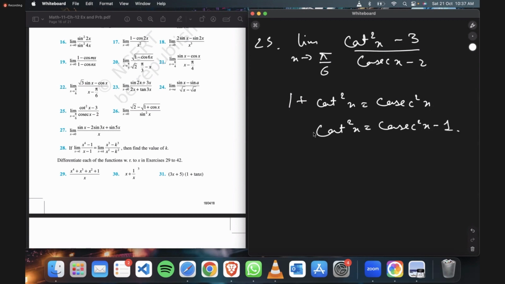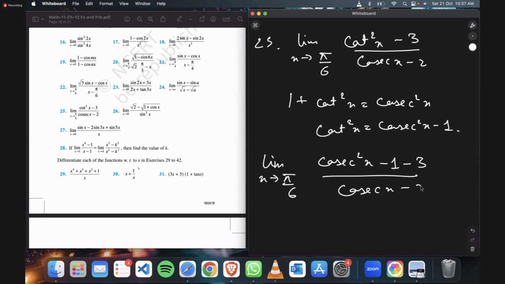All right. So let's move on further and see what we can do with this information. I'm just going to put my limit to pi by 6, right? And I'm putting my cot equation in this. And the whole thing is divided by cosec x minus 2 as well. So what am I getting here? I'm getting cosec square x minus 4 divided by cosec x minus 2, right?